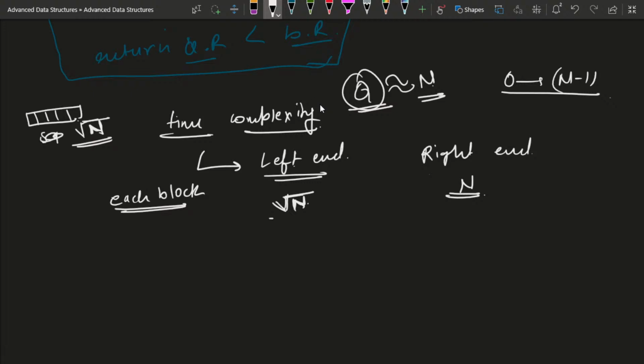So that is the movement of the left hand for each query.